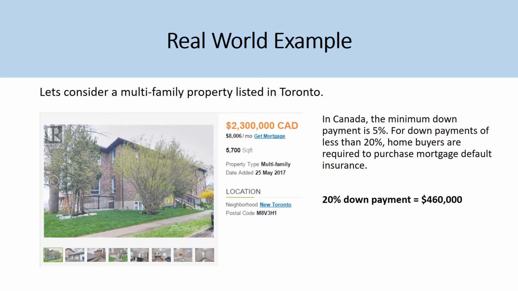So assuming that I don't want to pay the additional insurance costs, I need to put up 20% of the total acquisition price in order to get a reasonable mortgage. Now 20% of a $2.3 million property is $460,000. Now how do you expect me, a 22-year-old, to have $460,000?